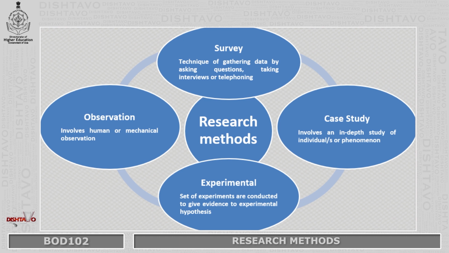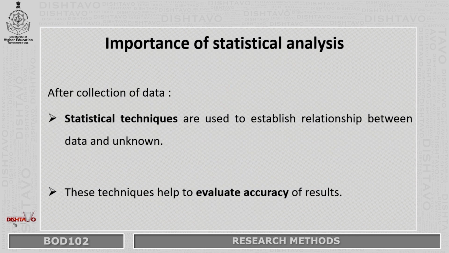Another method is experimental method. A set of experiments are conducted during this method to give evidence to the experimental hypothesis. The fourth method is observation, which involves either human observation or observation using mechanical tools.